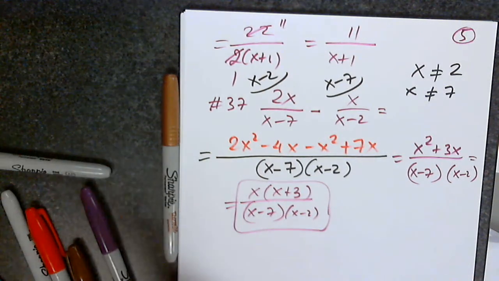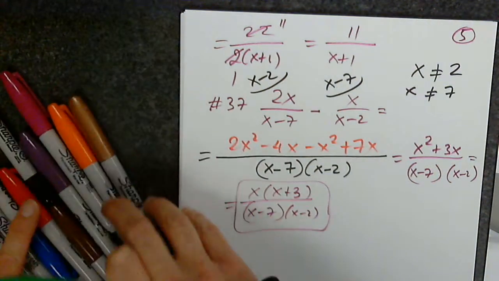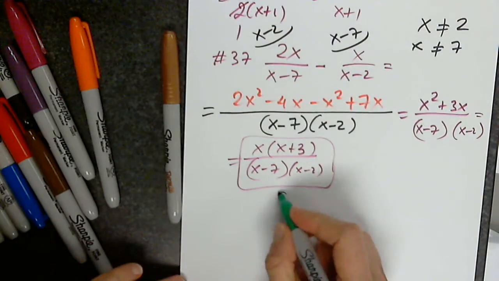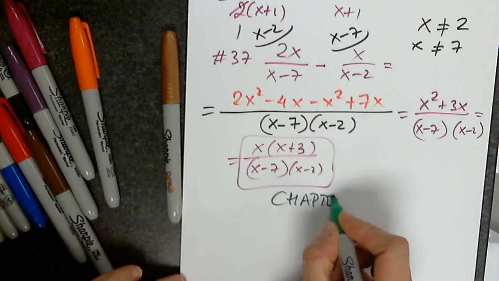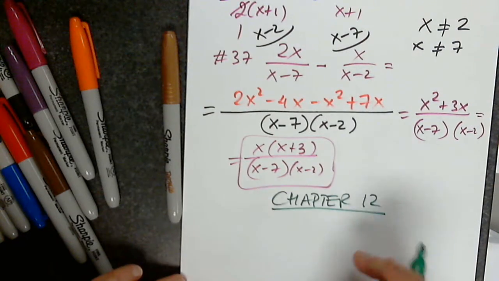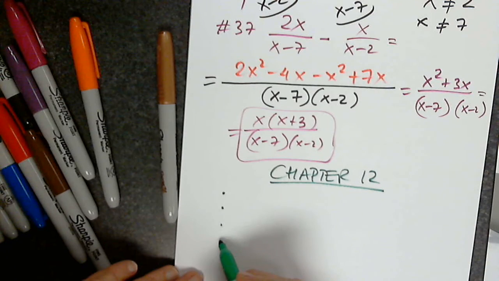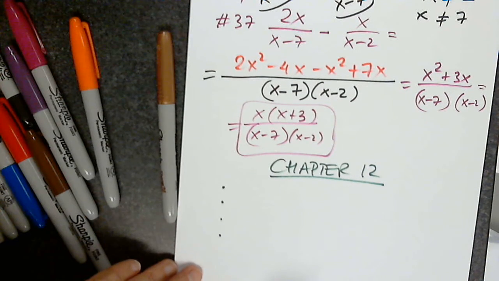Okay. Let's see. I would like to list the major topics in chapter 12. There are mainly 4 major topics.